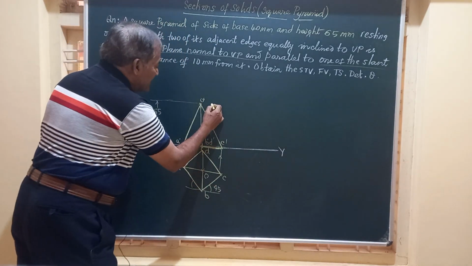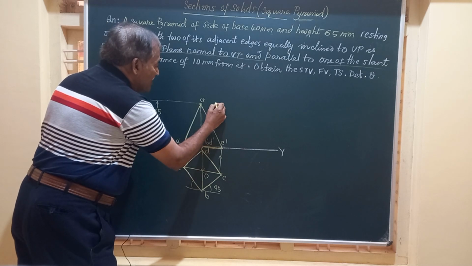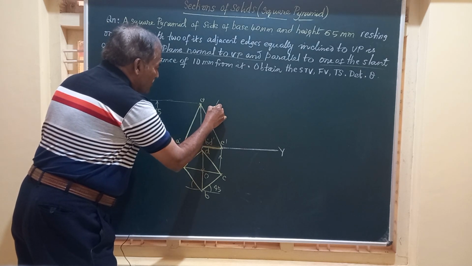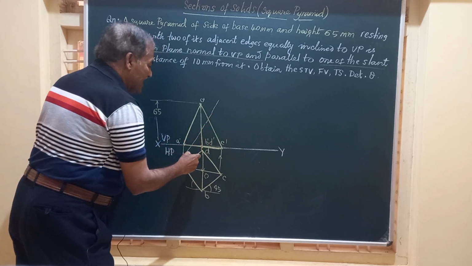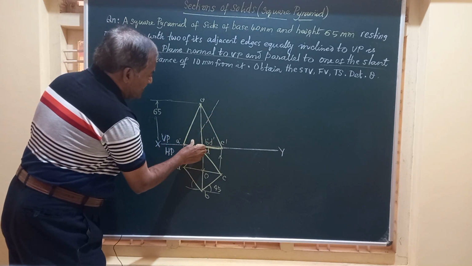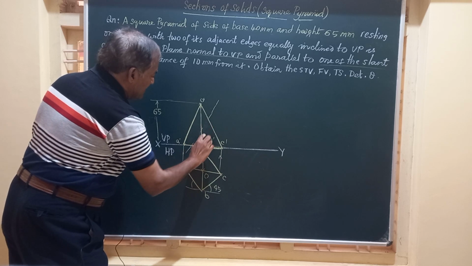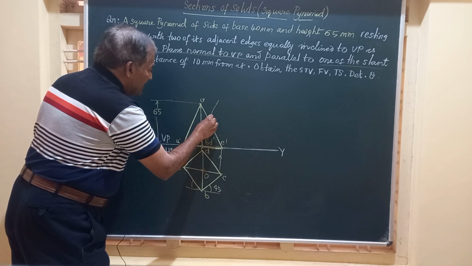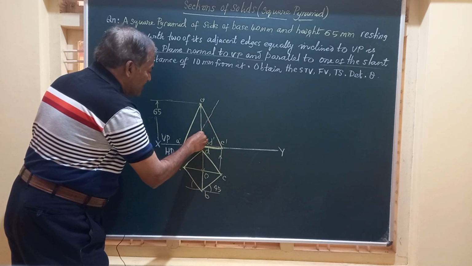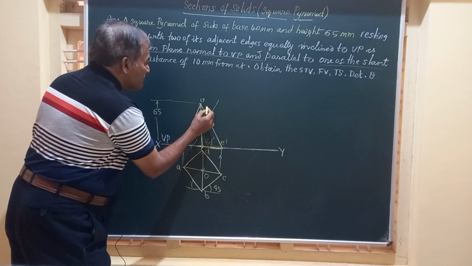So I mark a distance of 10 millimeter from here. So parallel to that O dash A dash, I am going to write a line, that is, I am going to write the line representing the section plane at a distance of 10 millimeter from the slant edge.